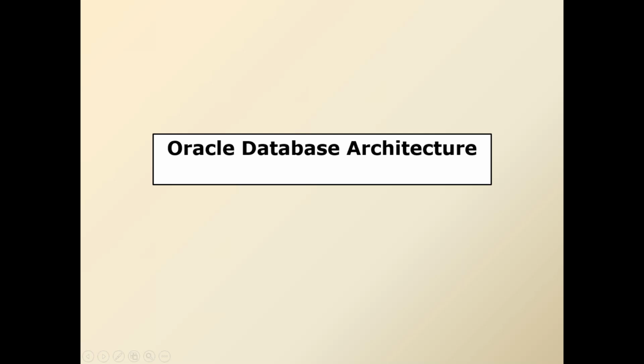Golden Gate works on the database because data resides in the database and Golden Gate basically works on data. It fetches the data from the database, extracts the data from the database and applies it to another database.